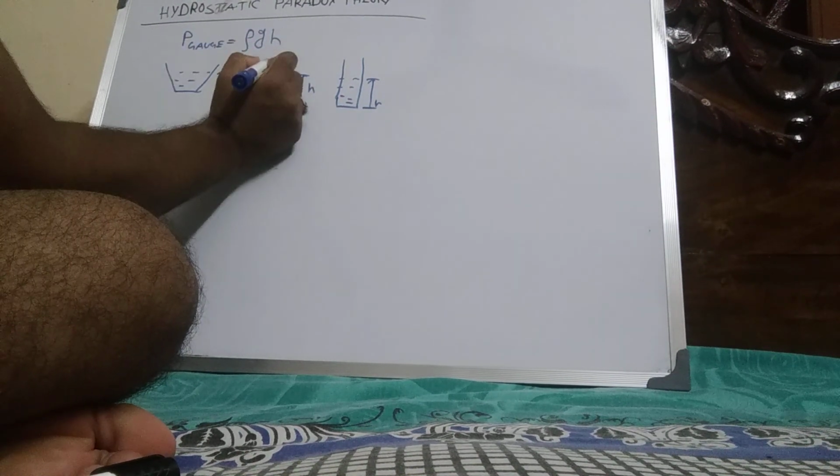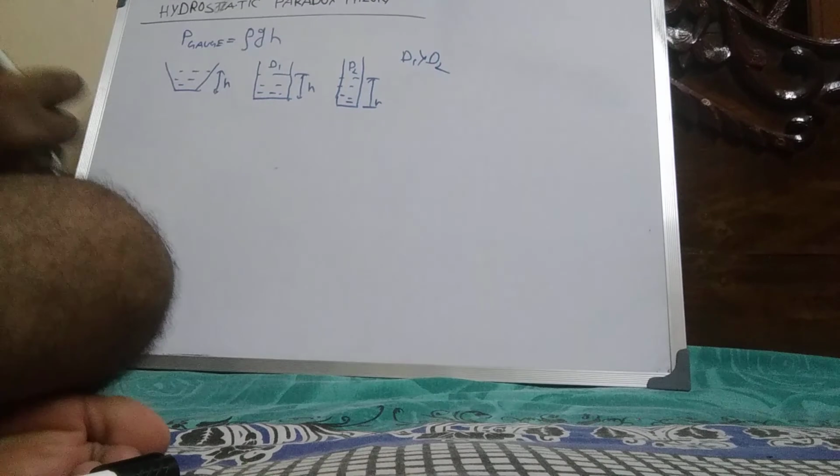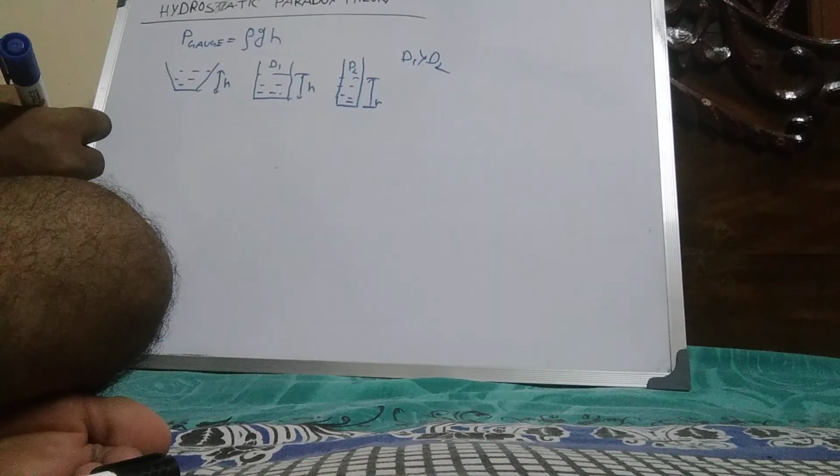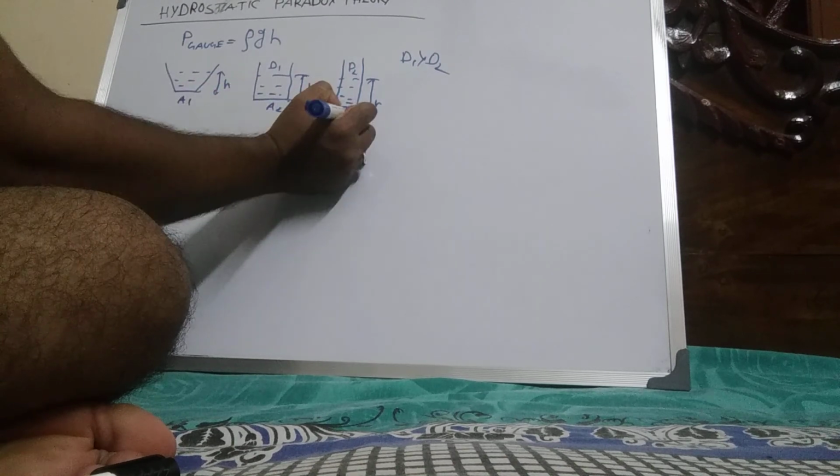Suppose this is d1, this is d2, and d1 is greater than d2. Understand? This is the bottom face area: A1, A2, A3.